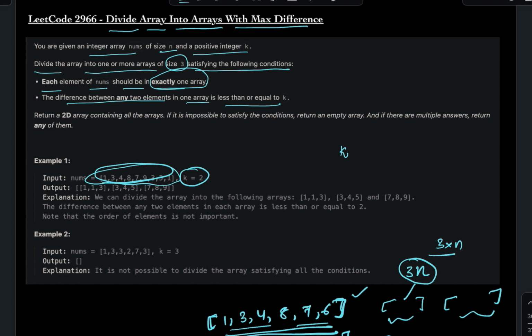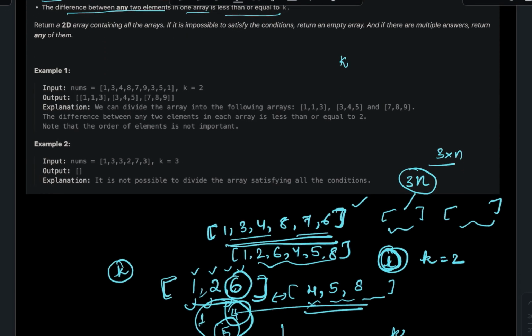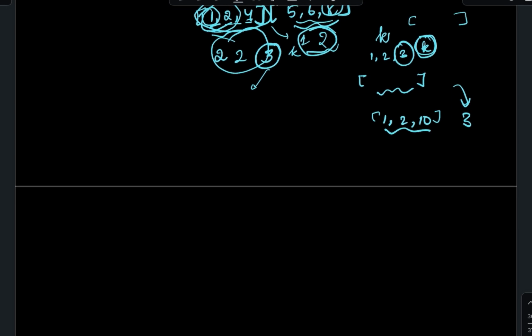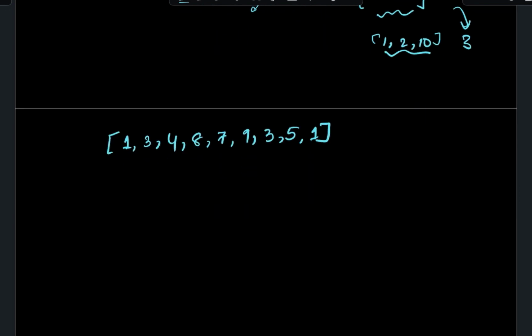Now let's take the same example and understand this by the sorting mechanism. Okay, let me write this down. It is 1, 3, 4, 8, 7, 9, 3, 5 and 1. Now let me just sort these elements. After sorting, what will I get?